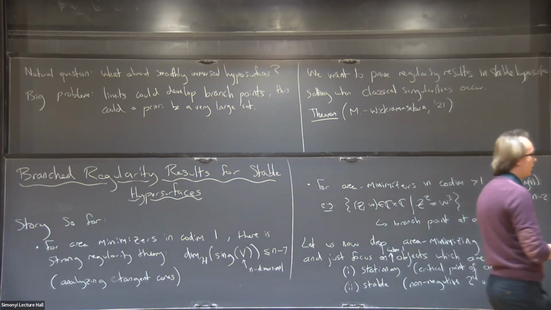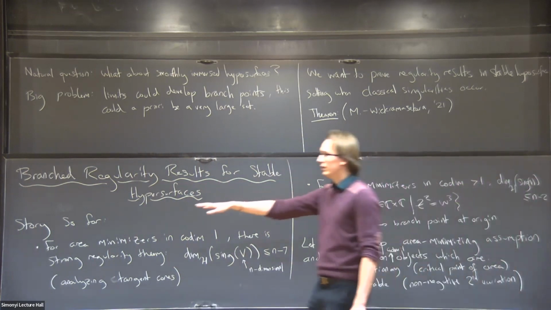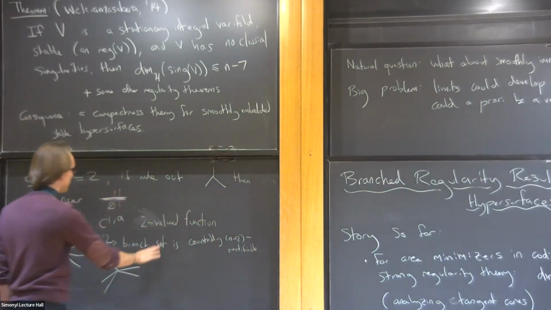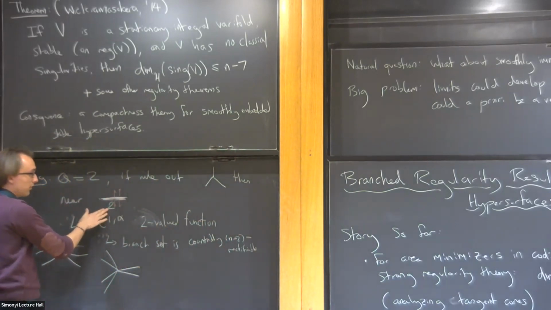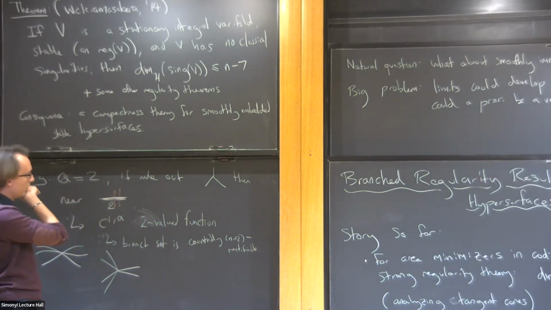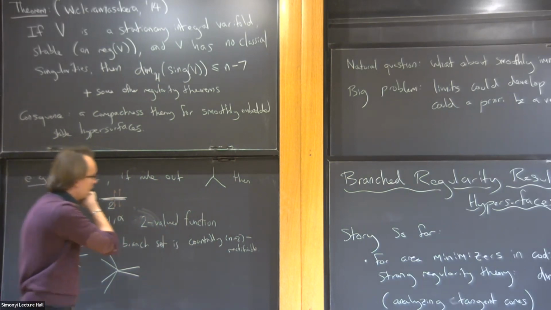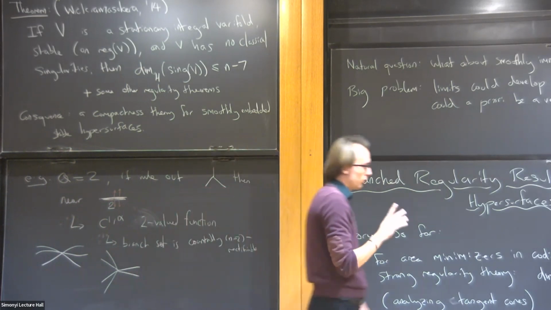In this Q is 2 case, I rule out these triple junctions and I can understand density 2 branch points or near multiplicity 2 planes. Could I also say something about multiplicity 3 planes or density 3 branch points? That seems to be a hard question.